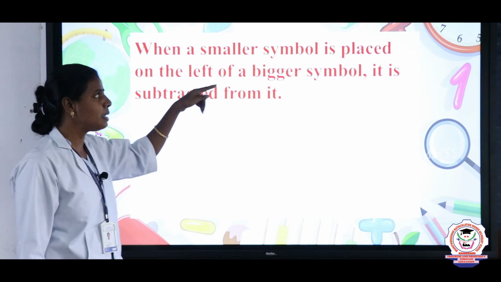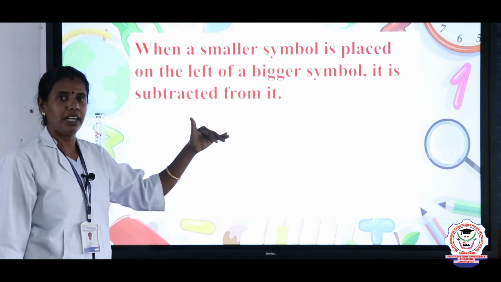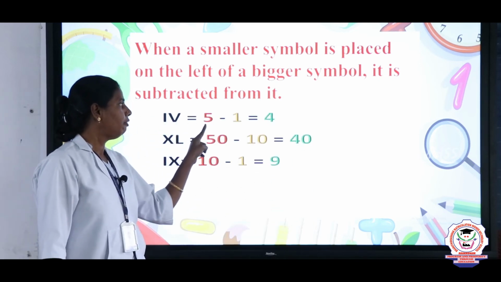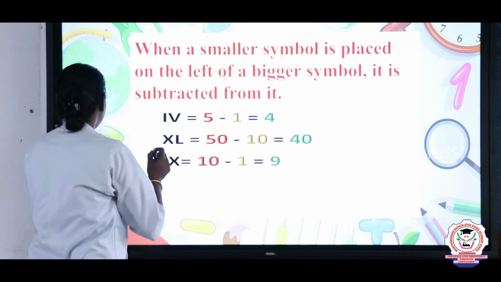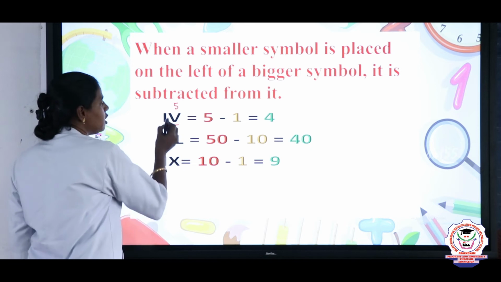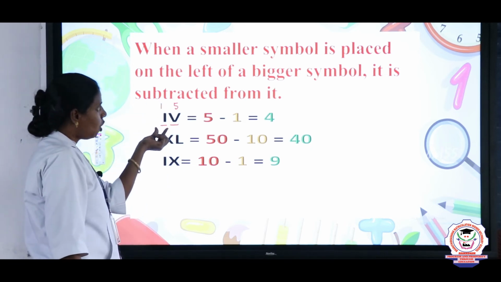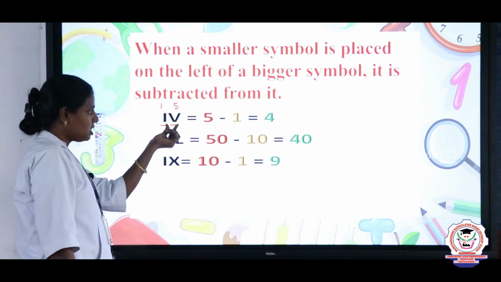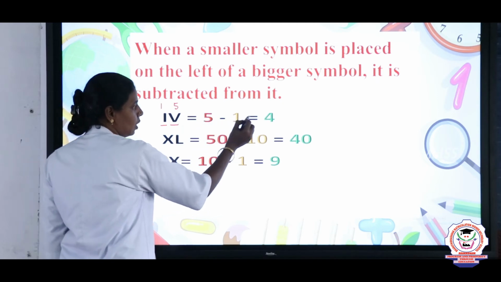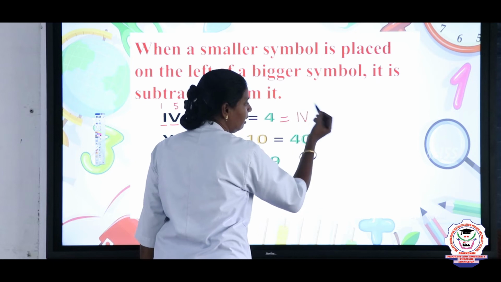For example, for 4, 5 minus 1: V we already know stands for 5, and I is for 1. When this smaller symbol is placed left side of this bigger symbol, then it is subtracted. So 5 minus 1 is 4. Therefore, the Roman numeral for 4 is IV.